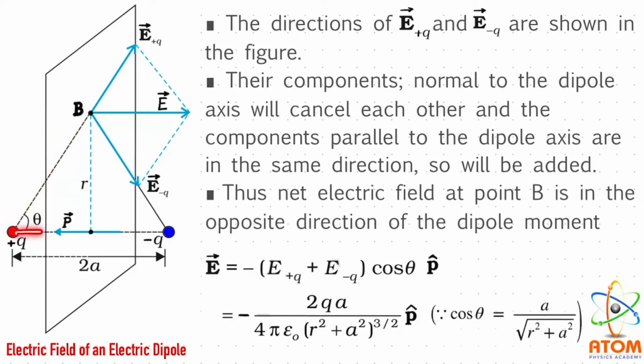So cos theta is equal to a upon under root of r square plus a square. So finally the electric field becomes E is equal to minus 2qa upon 4 pi epsilon 0 times (r square plus a square) raised to 3 by 2 p cap.